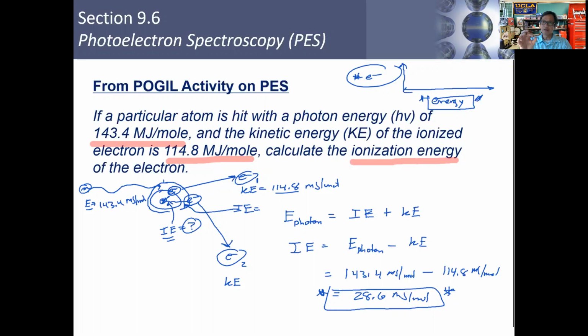The closer the electron is to the atom, the more tightly it's bound, and the less kinetic energy it has as it leaves. And so we were able to determine the ionization energy, and this is where we left off this morning.